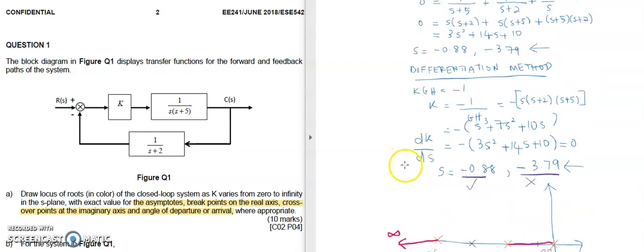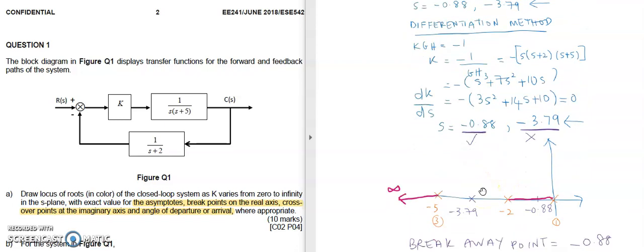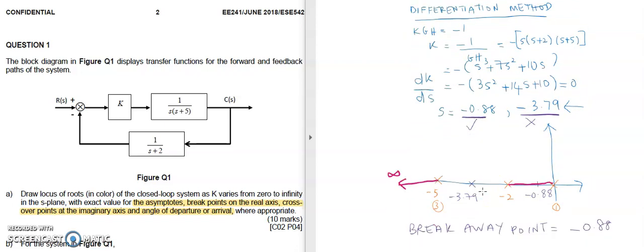Back to the calculation. Based on these two values, you need to decide which one is the correct breakaway point. You plot the pole zero map based on the real roots. You do not have zeros, but you have 3 poles: 0, -2 and -5. And you locate your breakpoints, -0.88 and -3.79.